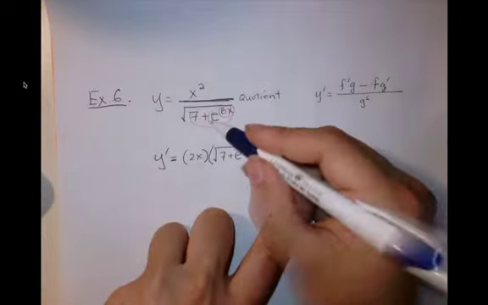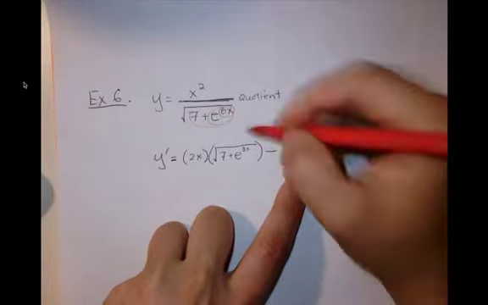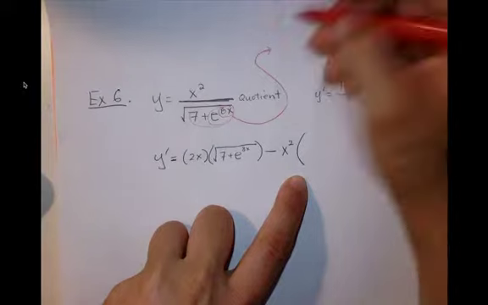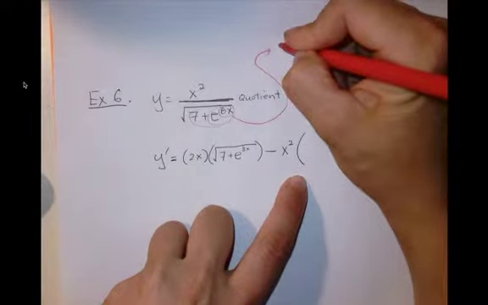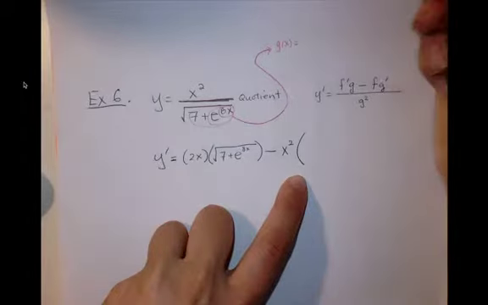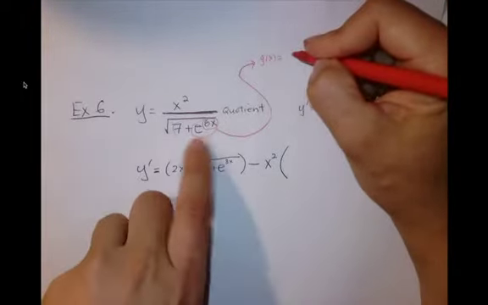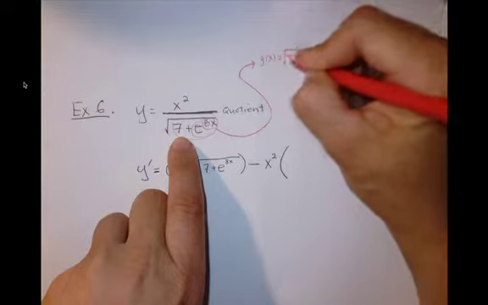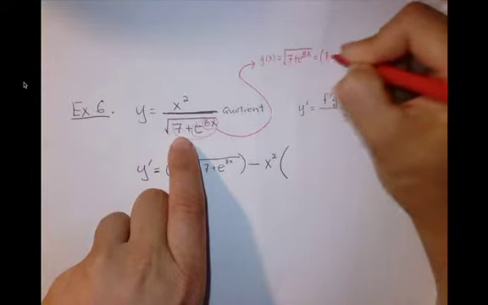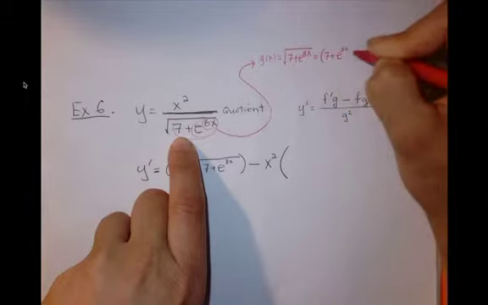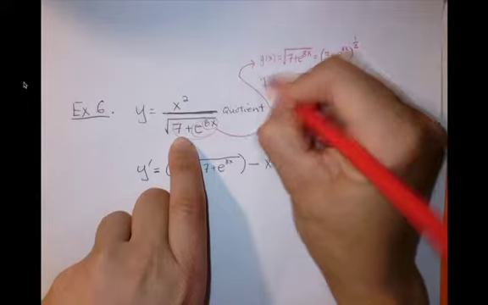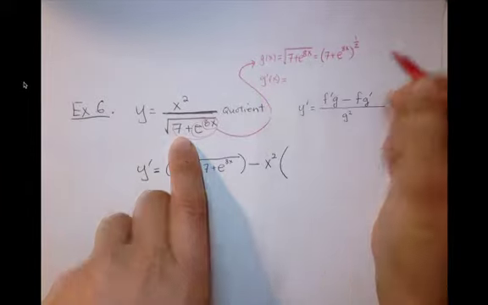the bottom function. So I'm actually going to, this one might get a little bit messy, so I'm going to take it over here, and I'm going to say my bottom function g of x is equal to root 7 plus e to the 8x, which can be written in this form. Okay, so the derivative g prime of x is 1/2.